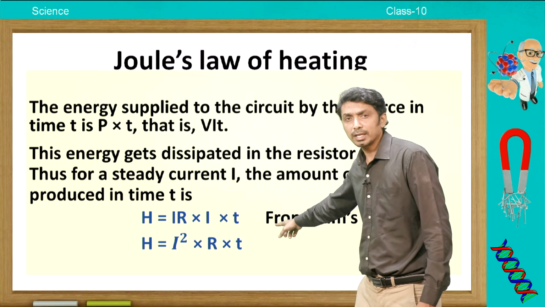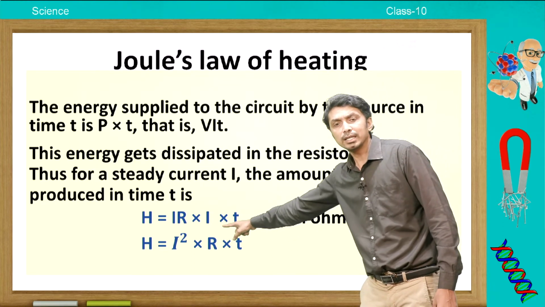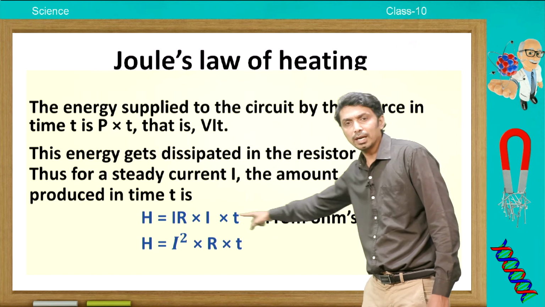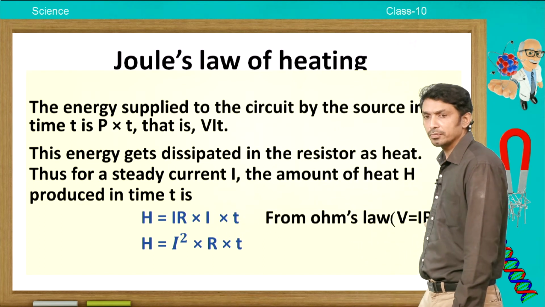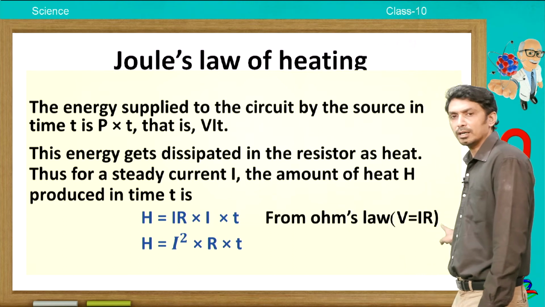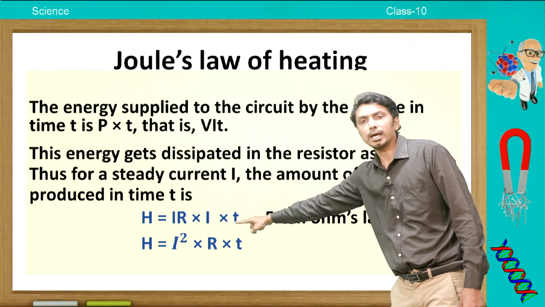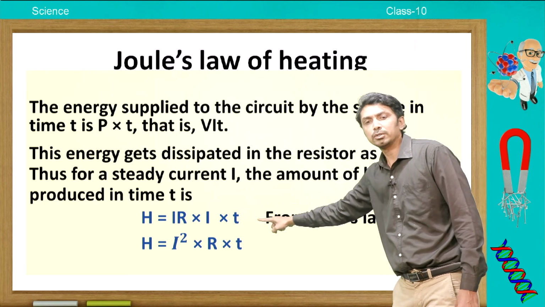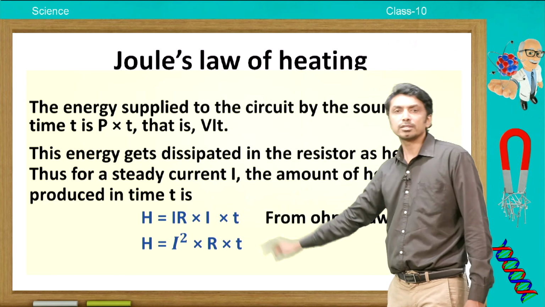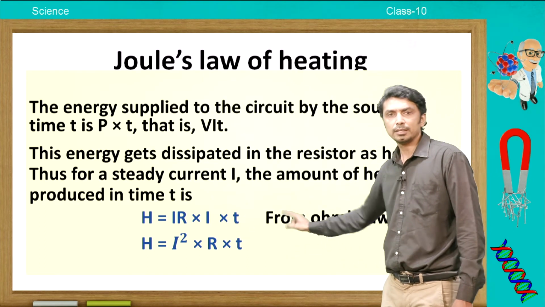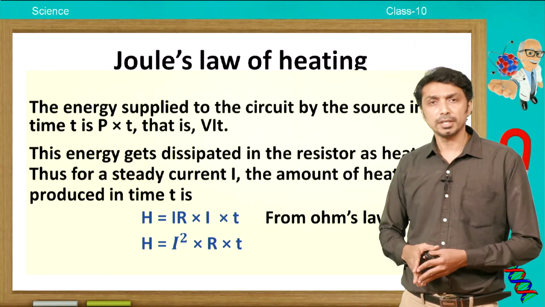And here on the right hand side, you can see we have written IR into I into T. IR is from Ohm's law, that means V is equal to IR. So, in place of V, we have substituted IR, and into I into T. So, what will we get here? I into I is I square, and RT. This is what we call as Joule's law of heating.